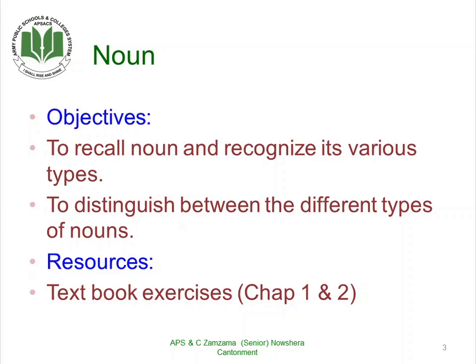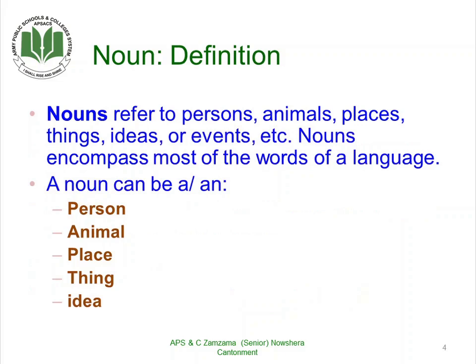By the end of this tutorial, you will be able to recall noun and recognize its various types. You will be able to distinguish between the different types of nouns. The resources required for the tasks are your textbook exercises, chapter number 1 and 2, the grammar portion.